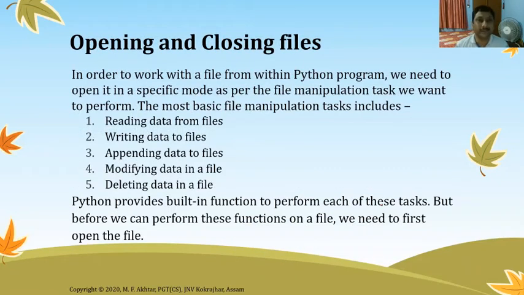Opening and closing a file. First, we will learn how we can open the file, and then we will learn how we can close the file. In order to work with a file from within a Python program, we need to open it in a specific mode. First we have to open the file in a specific mode as per the file manipulation task we want to perform.